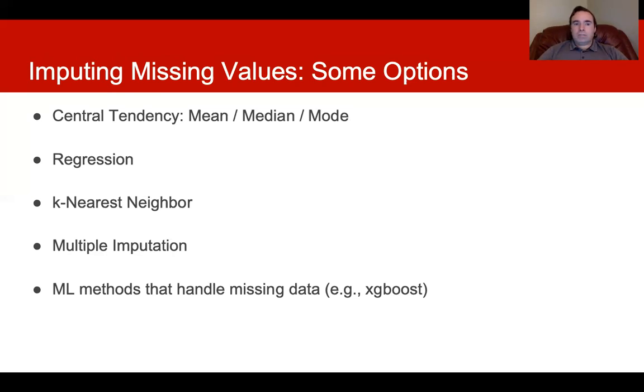You can think about doing some sort of regression, using more flexible things, k-nearest neighbor, doing multiple imputation, which provides a little bit more of a sense of the variance, or using models that handle the missingness more out of the box, like XGBoost. But then, of course, if you have other models in your grid that don't handle the missingness, you'll still need to do some imputation for making use of random forests or logistic regressions.